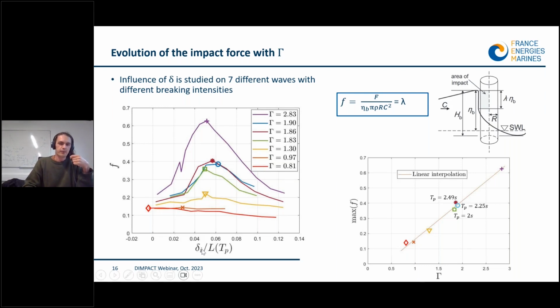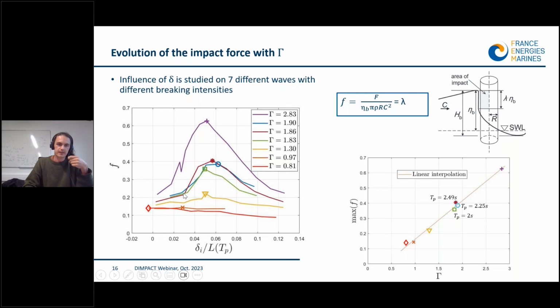And the delta parameter is non-dimensionalized with respect to the characteristic wavelength. So this is the kind of curves we obtained for cases with different breaking intensities, and the point corresponds to the maxima of these curves.